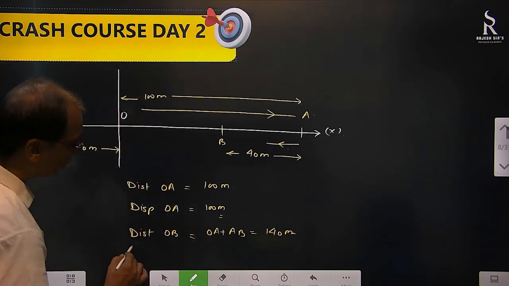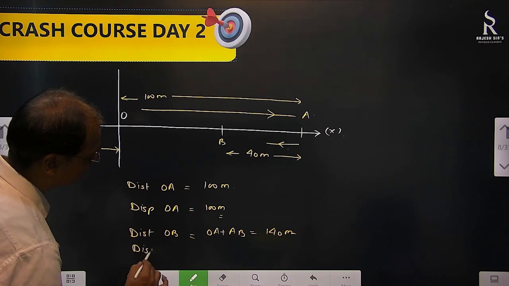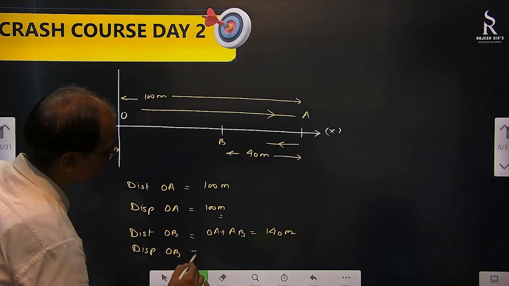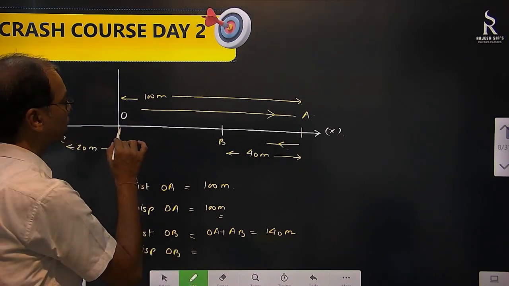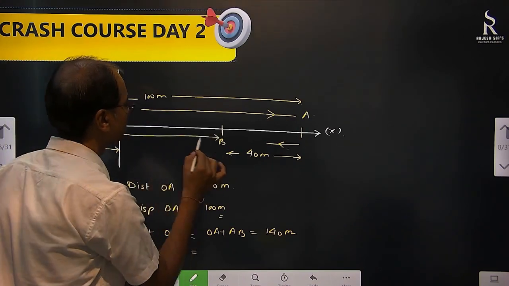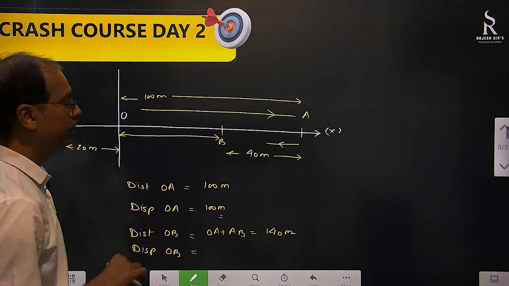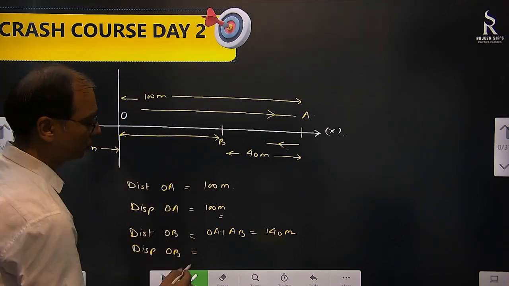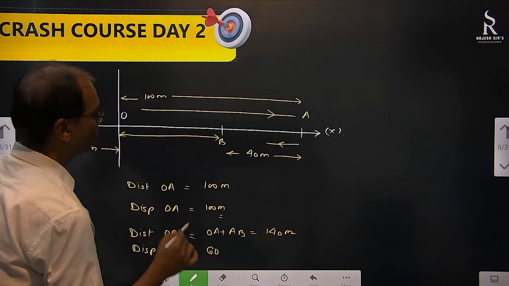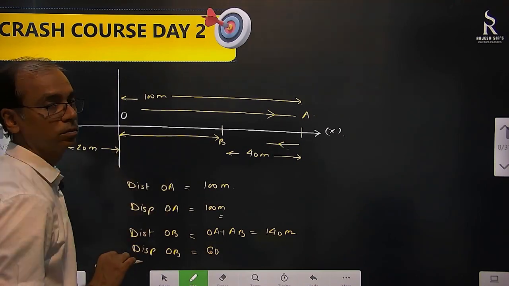Okay, what about displacement OB? Displacement OB is this. This is the initial point, this is the final point. So how much is that? 60. And direction is always from initial point to final point.